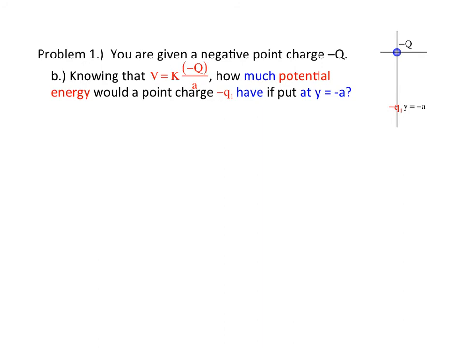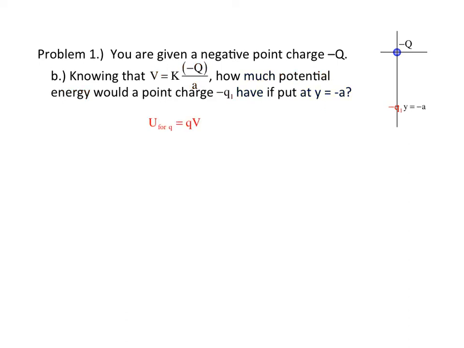So given that we know what the electrical potential is at A as a consequence of the field producing charge, the question we might ask is, how much potential energy would a secondary charge have, like for instance minus Q1's worth, if we were to put it at y equal to minus A?